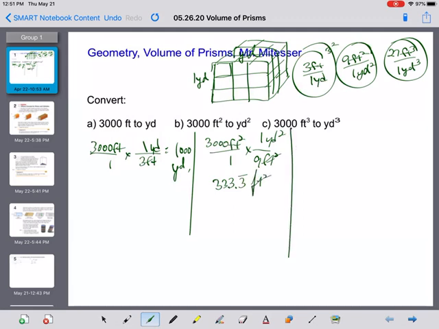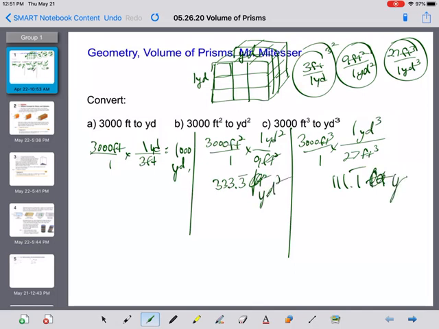And then for cubic feet, 27 cubic feet in a cubic yard. And that gives you 111.1 repeating cubic yards. All right?